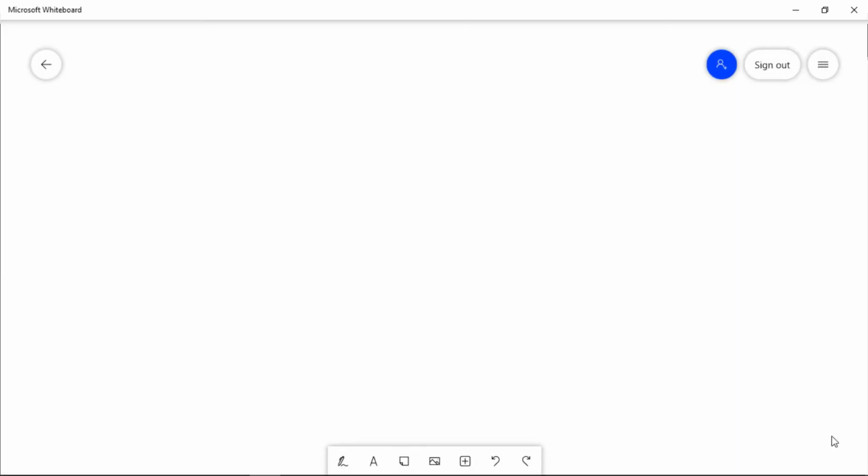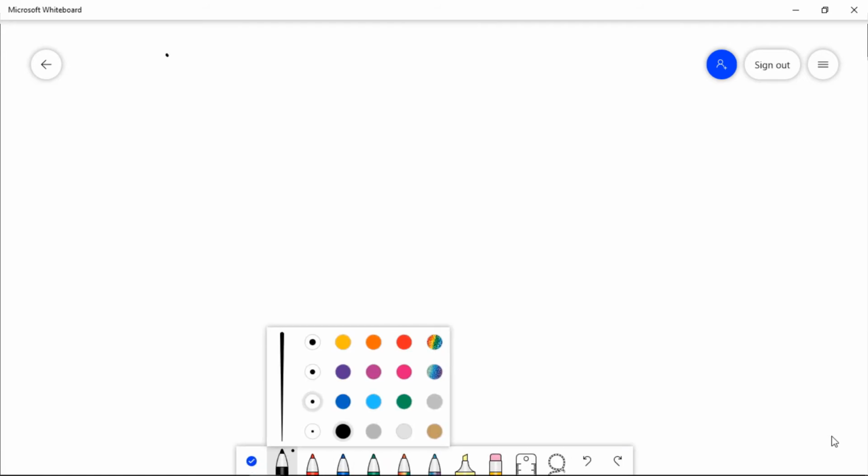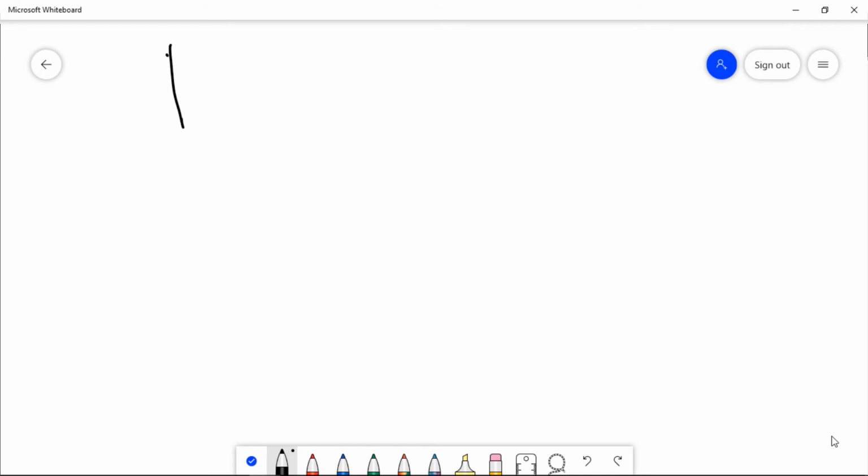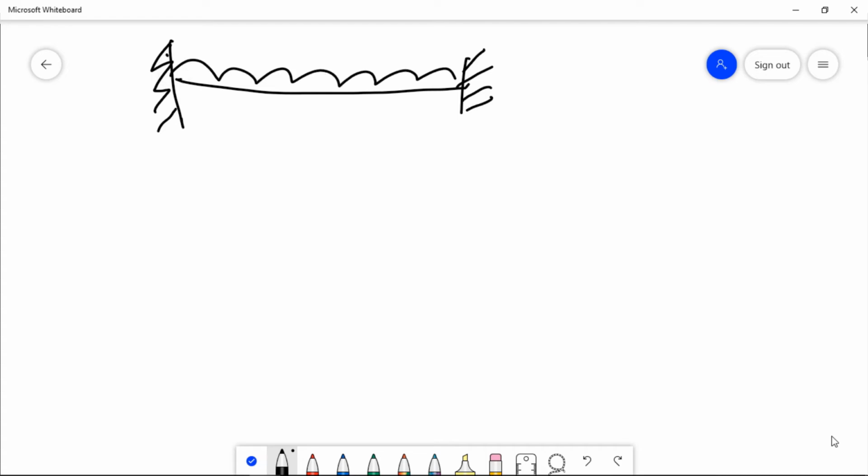Okay, now let's see another beam. Here is a fixed ended beam. I have applied UDL on the fixed ended beam. Here is the bending moment curve of the fixed ended beam.